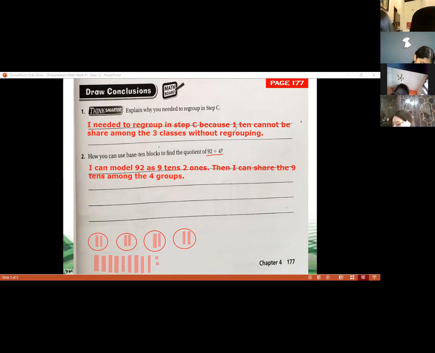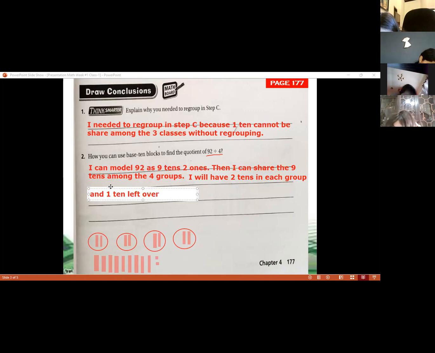I'm not going to share that. That's right. So it says I can share 9 tenths among the 4 groups. Let's continue writing information. How many tenths will I have in each group? I will have 2, class. You have 2 in each group. So I will have 2 tenths in each group, and 1 tenth left over.